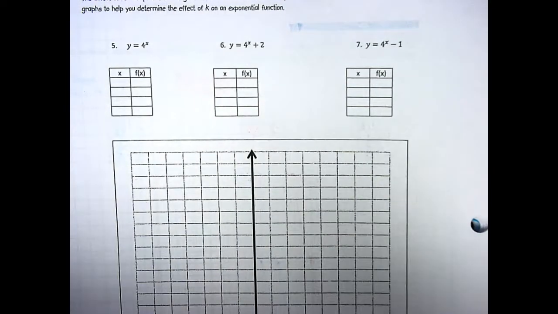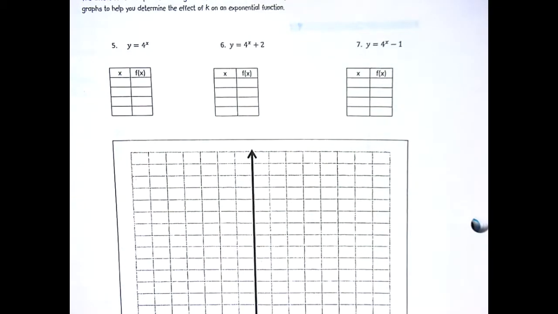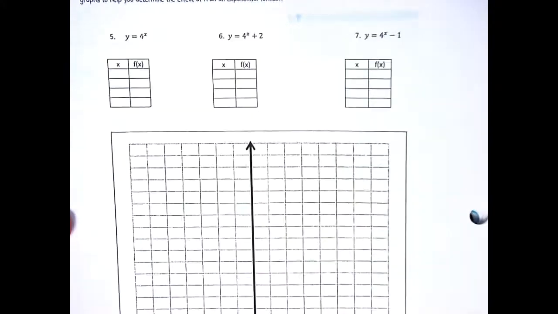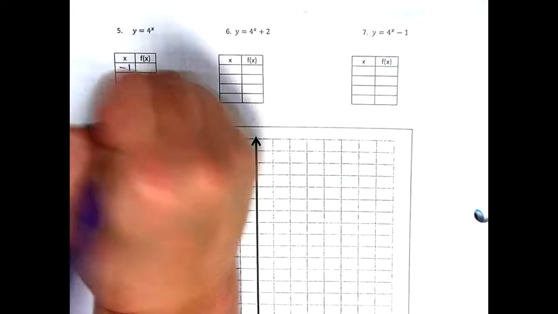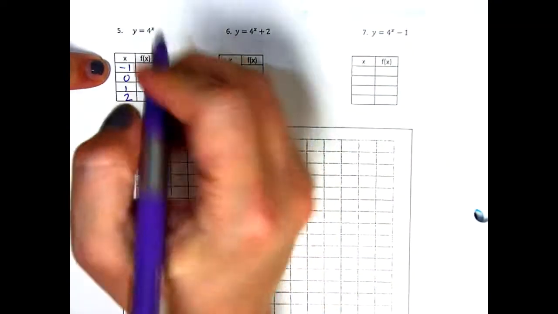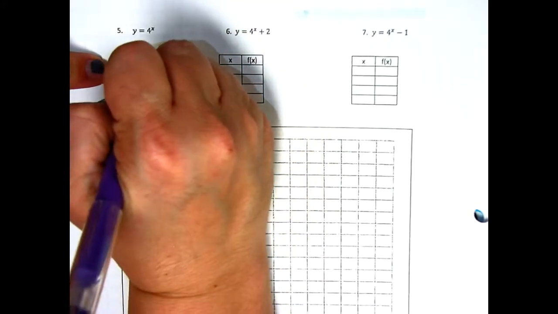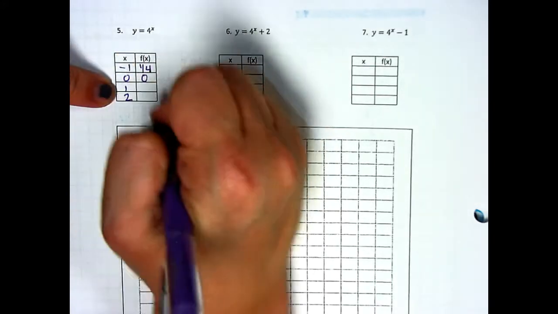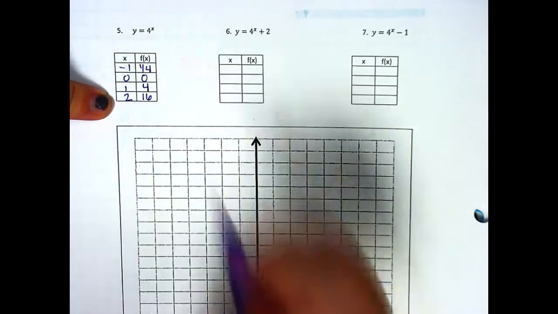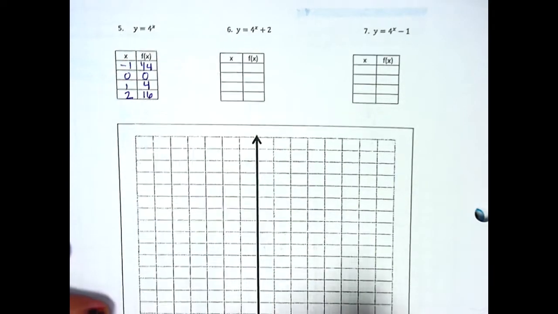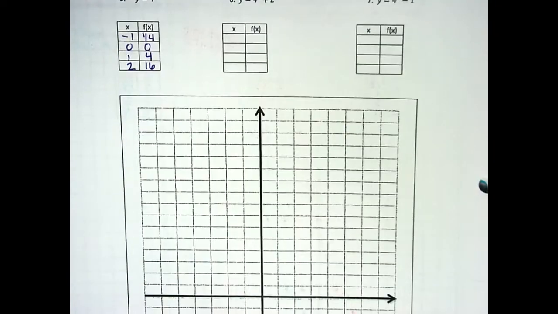So my equation is y equals 4 to the x. And I'm going to use the domain -1, 0, 1, 2. So if I substitute a -1 in, I get 1/4. 0, I would get 1. 1 gives me 4, and 2 gives me 16. So we're going to come down and graph that.